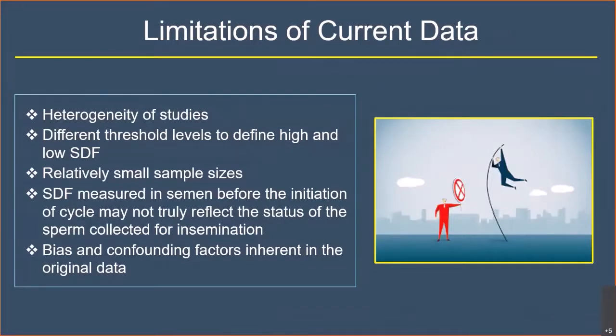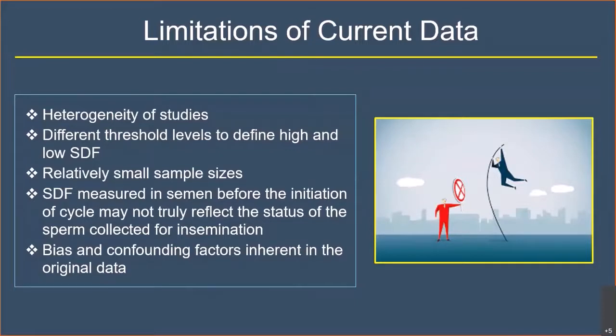However, we should not forget that all these studies that I've described so far are not free of limitations. They are heterogeneous in terms of the studies included. They consider different threshold levels for defining high and low sperm DNA fragmentation. Sample sizes are always relatively small.